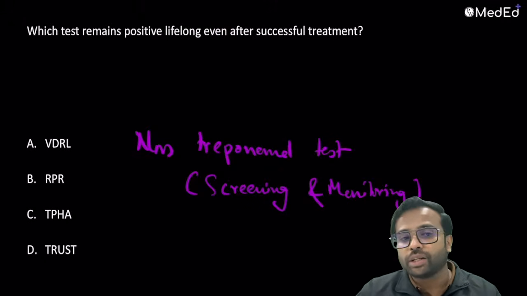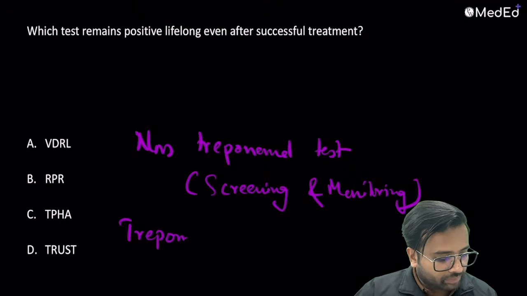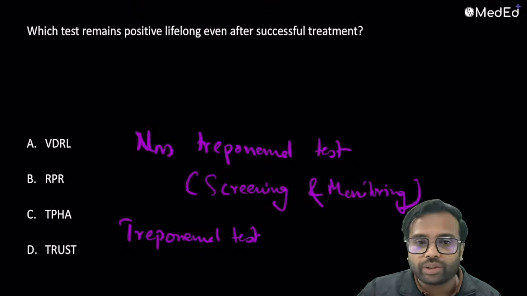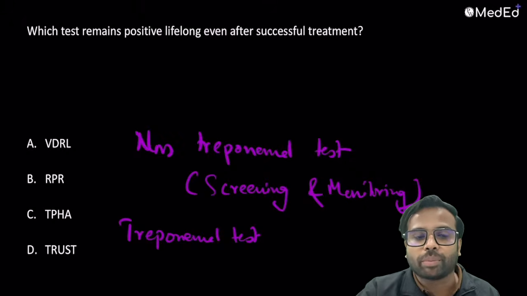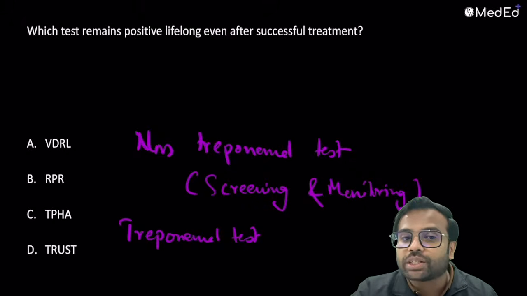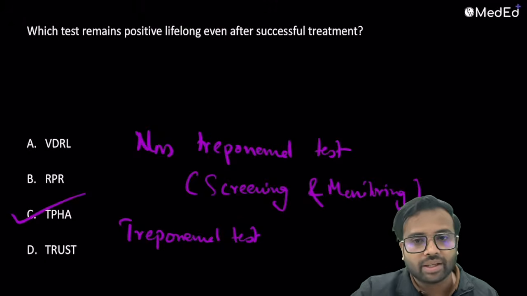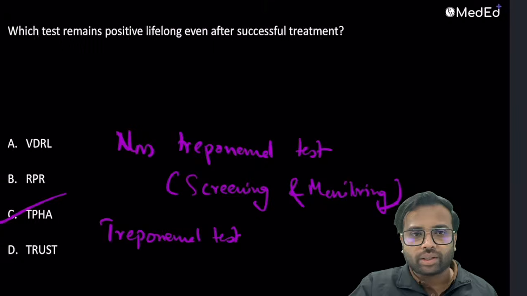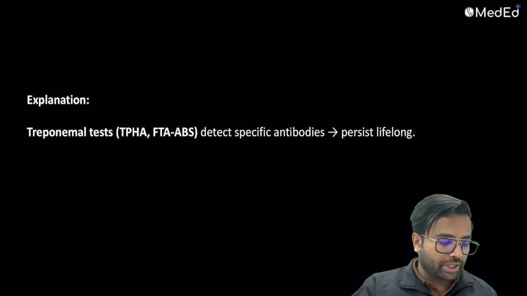What stays positive throughout should be the treponemal test. So the treponemal tests are going to be positive throughout the disease. Even after the patient is treated, you will still find that the treponemal test is going to be positive. Among all these things, which is a treponemal test? Yes, it is going to be the TPHA. TPHA is going to be the positive one. That is about lifelong positivity even after successful treatment.